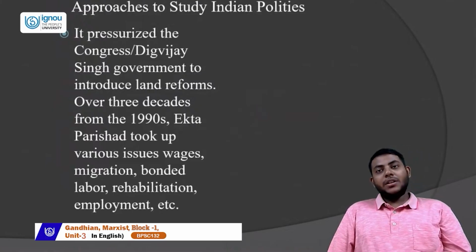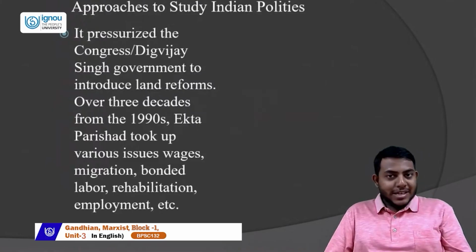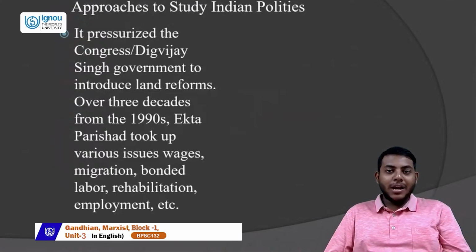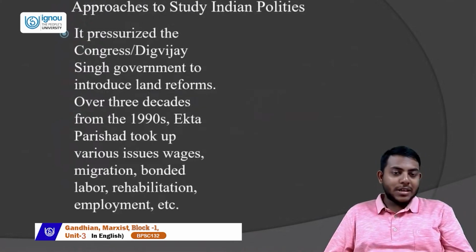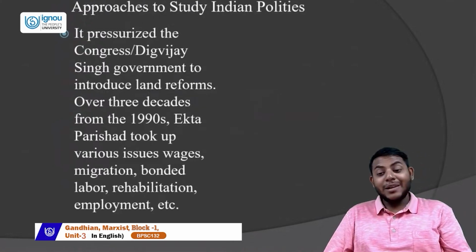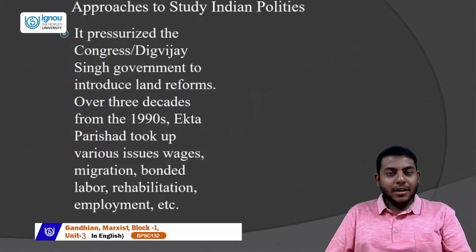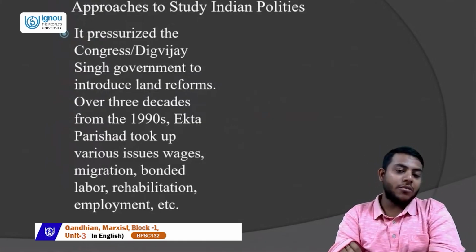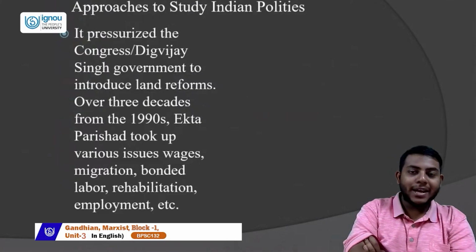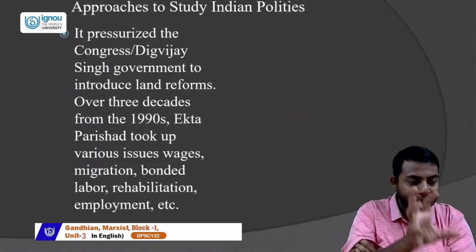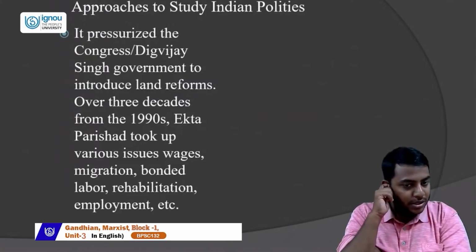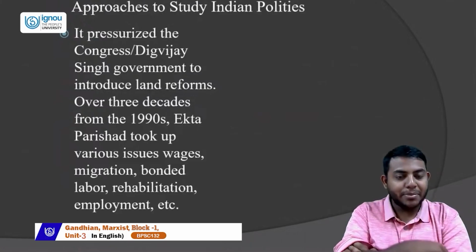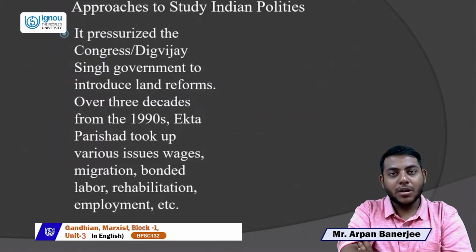Article 23 of the Constitution says that forced labor or bonded labor and traffic in human beings is prohibited, and it is a fundamental right. Article 39, Clause A, talks about equal wage for equal work for both men and women. These are again Gandhian principles in the Constitution, and to uphold them, the Ekta Parishad has done commendable work.